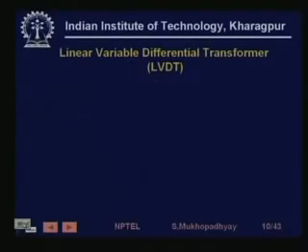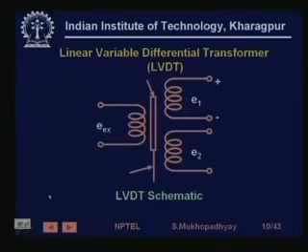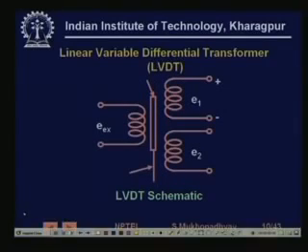Now we come to a very well known sensor called the linear variable differential transformer, the well known LVDT. This is very much used for accurate position sensing. A transformer is basically a set of coupled coils, so there is a variation of mutual inductance in this case.